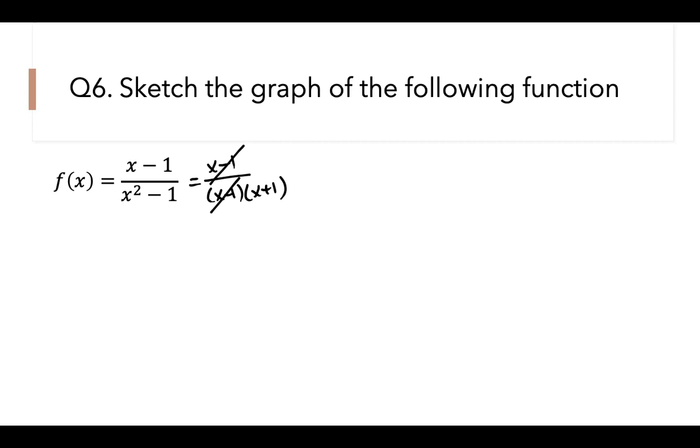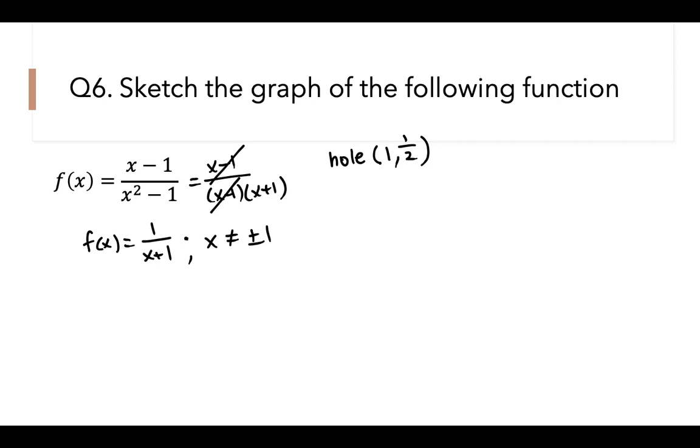So that means there is a hole at 1, and then f of x is equal to 1 over x plus 1. And we know that the domain is that x cannot be equal to plus or minus 1. So I'm going to plug 1 into the equation. It's going to be 1 over 2. So there's a hole and the domain.